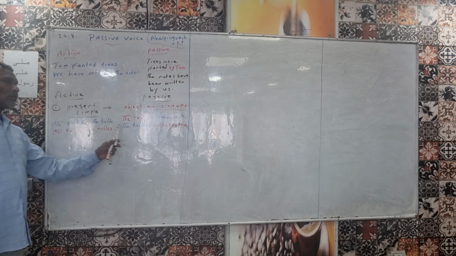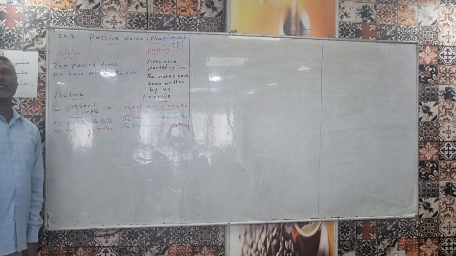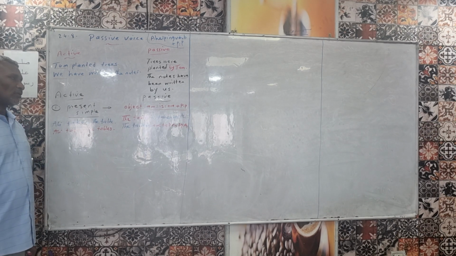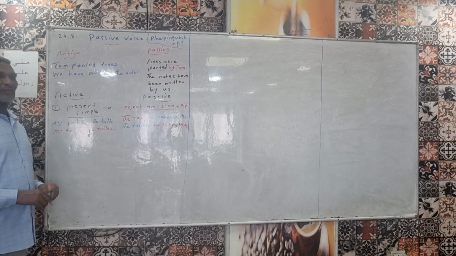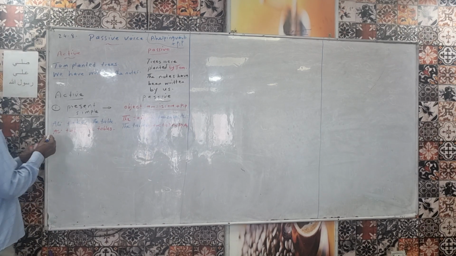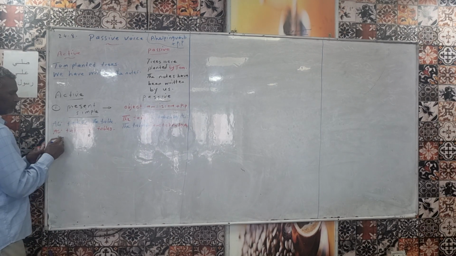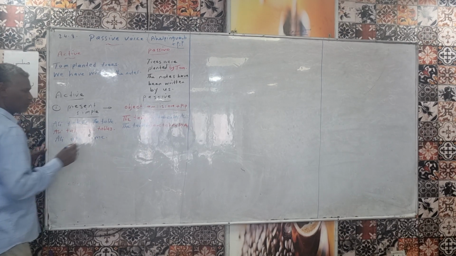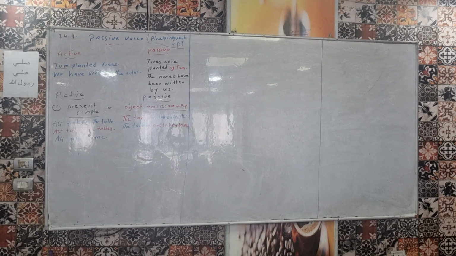So when I say the tables are taken by Ali, is it an active voice or passive voice? Passive. Now, Ali asks me. Is it an active voice or passive voice? Active.